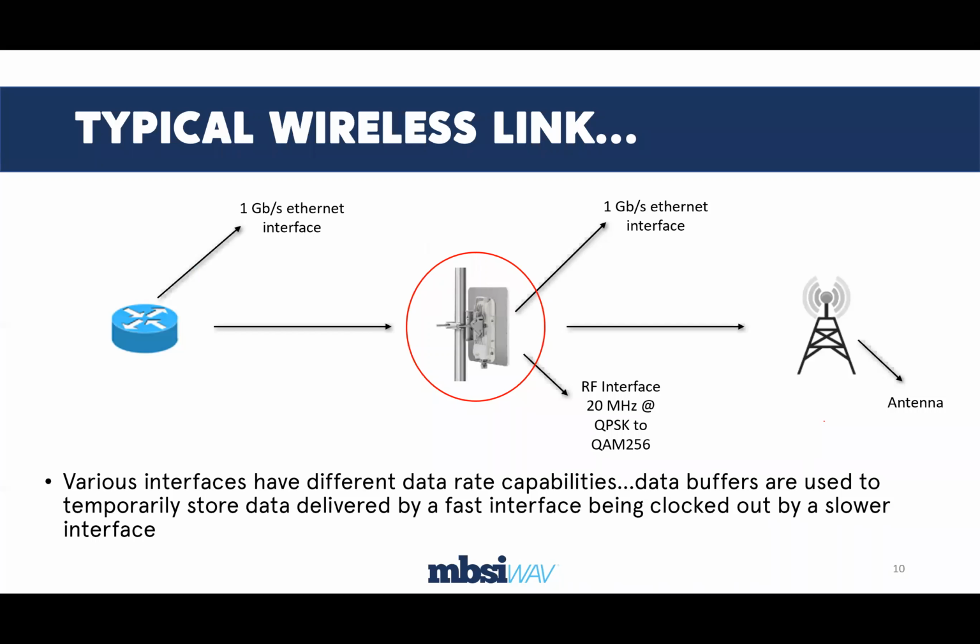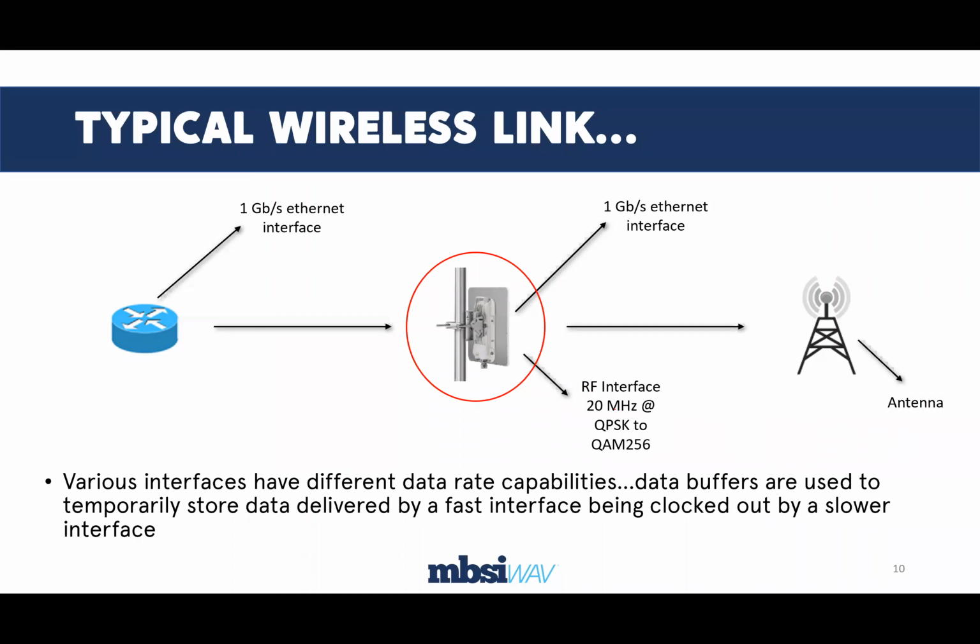So on a typical wireless link, we have a number of different interface speeds. We have different situations happening. In this typical link here, I've got a gigabit Ethernet connection between my network router and my access point itself.